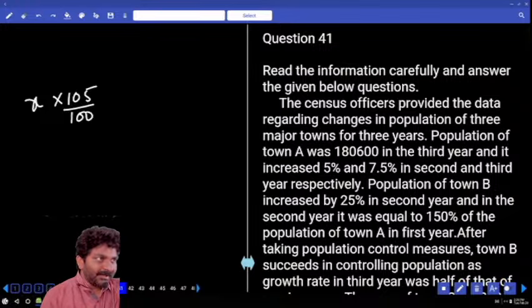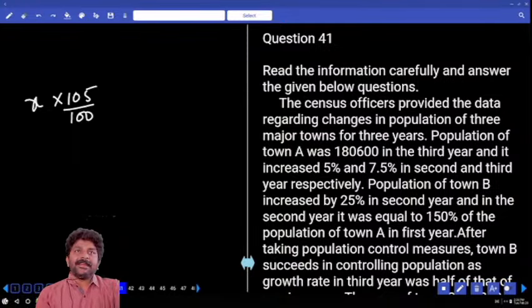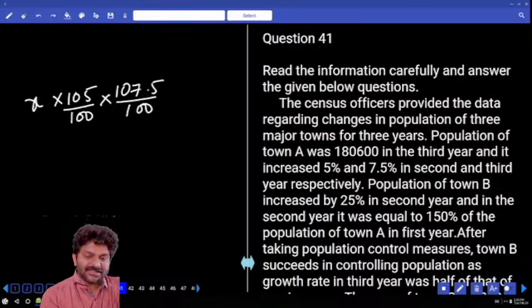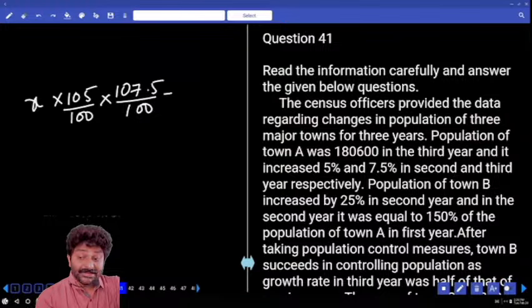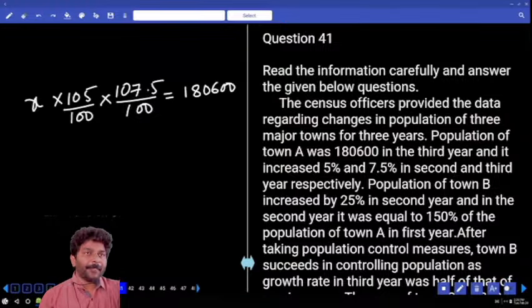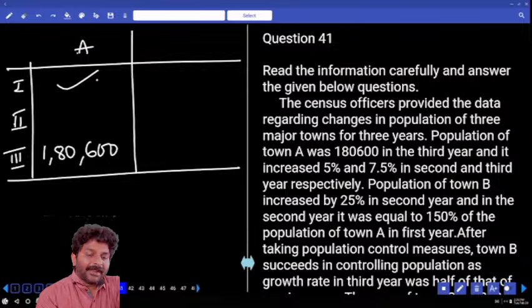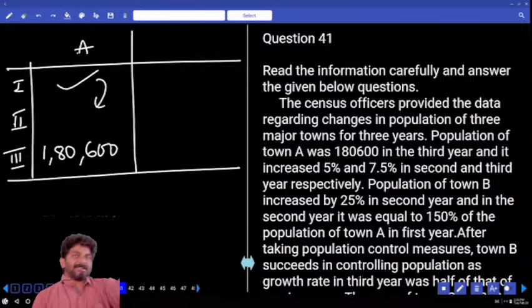Second year to third year, it increases by 7.5%, then it becomes 107.5%. That is equal to 1,80,600. If you simplify this, can you calculate the X value? That means you can write the first year, initial population. After getting this number, when you increase it by 5%, can you calculate the second year population?